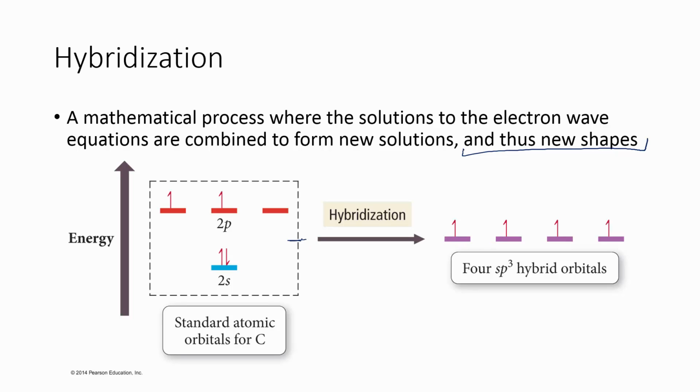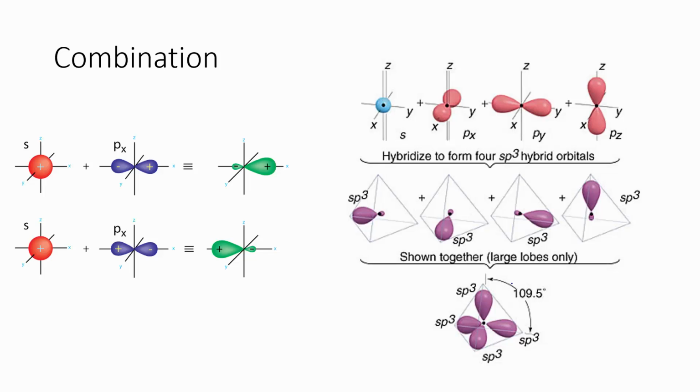The energy level is between the 2s and the 2p for carbon, and instead of these four orbitals, 1s and 3p, now we have four different sp3 hybrid orbitals that the electrons can be in and bond with hydrogens in.